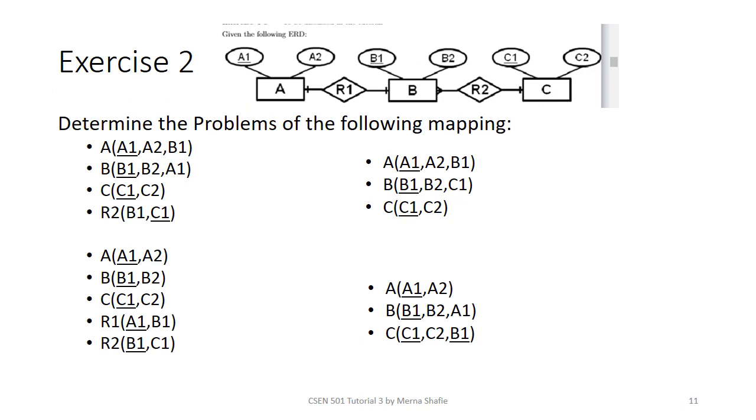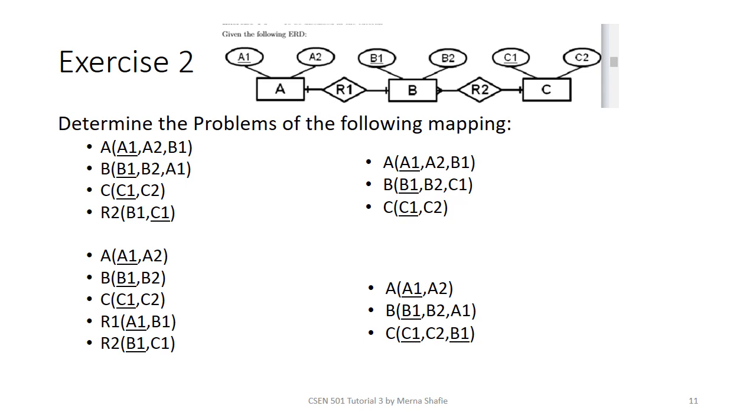We are given the following ERD, and we want to determine the problems of the following mapping. So we are given some mappings, and we want to get to know their problems. Now, the first mapping is as follows. We have A as the entity, mapped as a standalone entity, which is correct, with A1 and A2, and they have B1 as a foreign key.